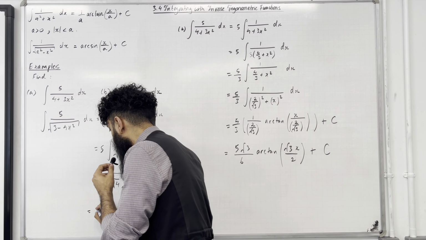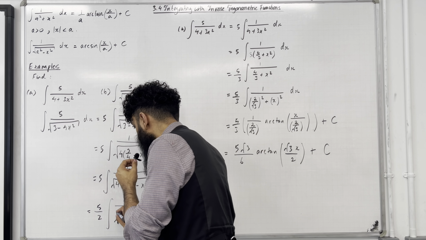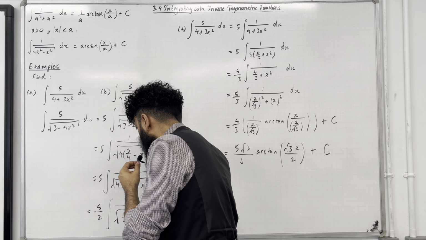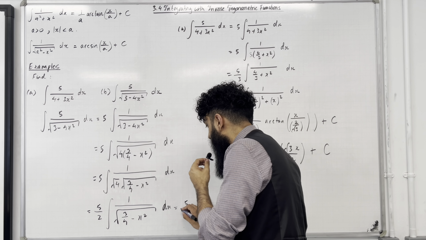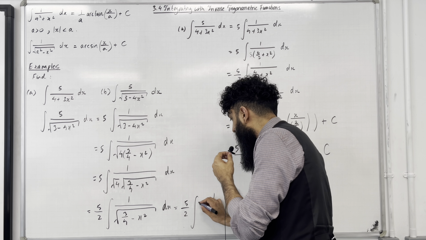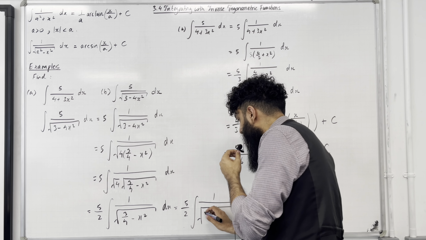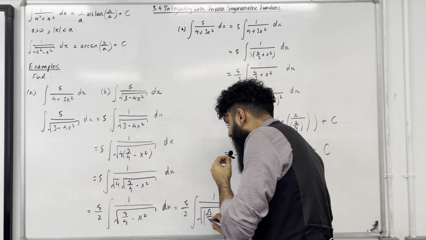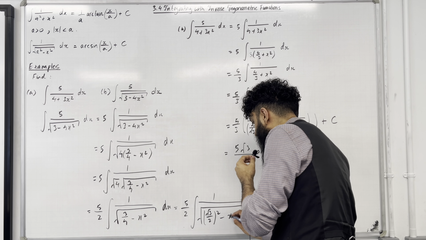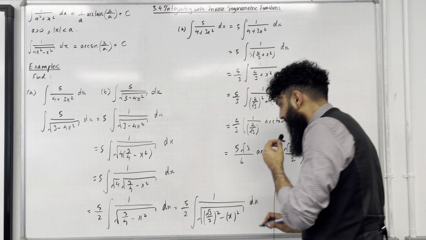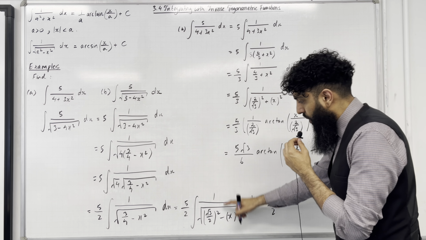So I have 5 over 2 integral of 1 over square root 3 over 4 minus x squared dx, equal to 5 over 2 integral of 1 over the square root of 3 over 2 in bracket squared, take away x in bracket squared, dx.